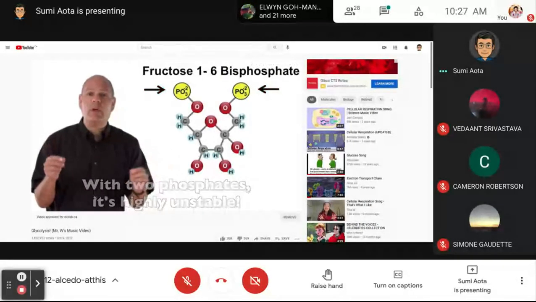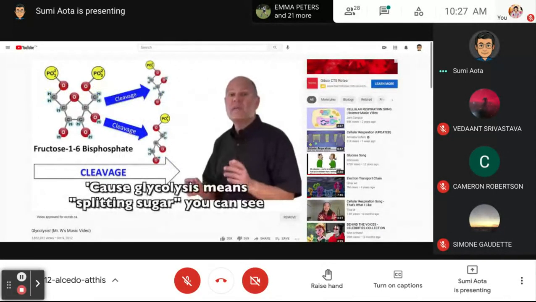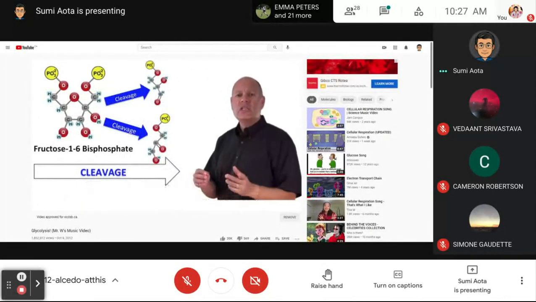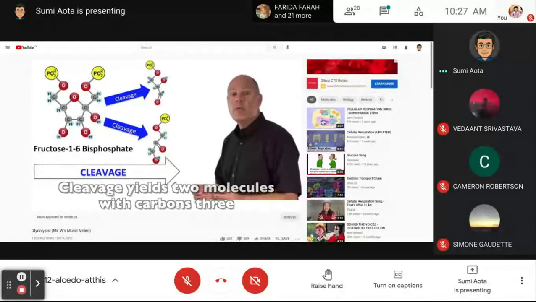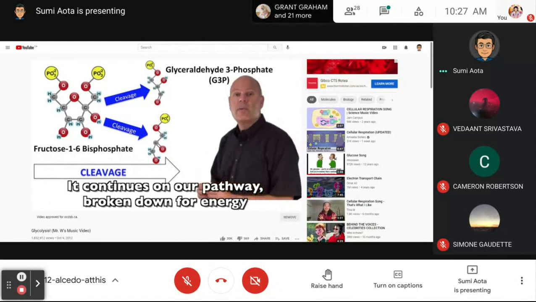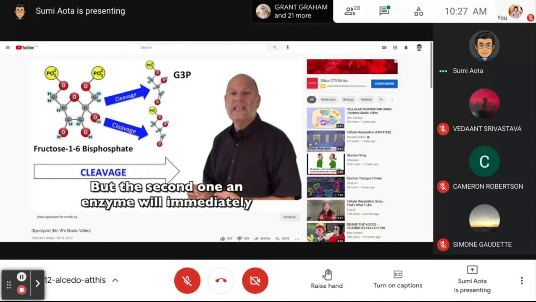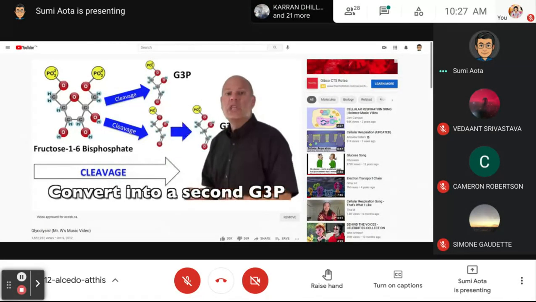It's highly unstable, moving us to the 2nd phase, the cleaving of fructose bisphosphate, because glycolysis means splitting sugar, you can see. Cleavage yields 2 molecules with carbons 3. One is glyceraldehyde 3-phosphate, G3P. It continues on our pathway broken down for energy, but the second one, an enzyme will immediately convert into a second G3P.